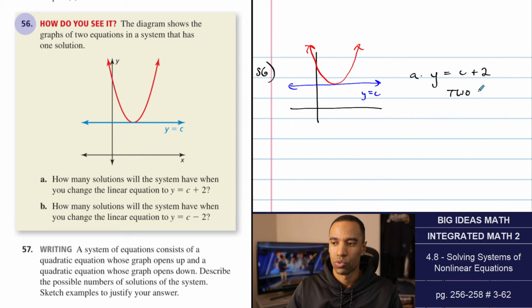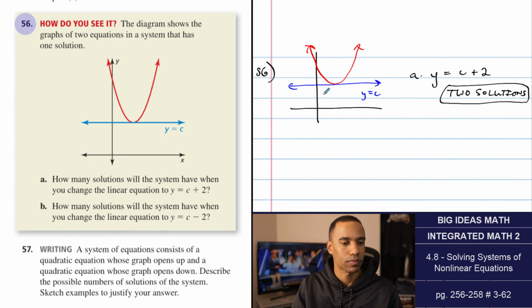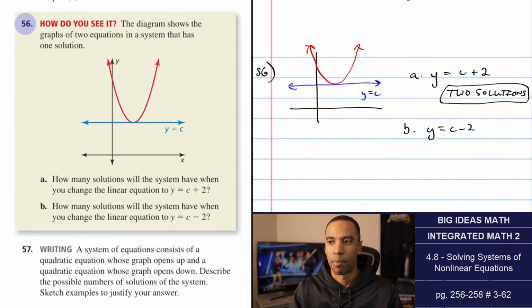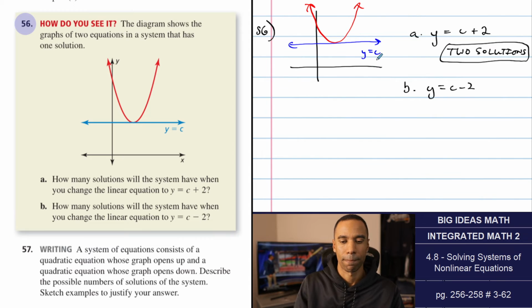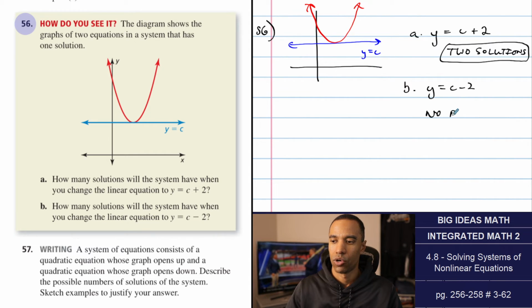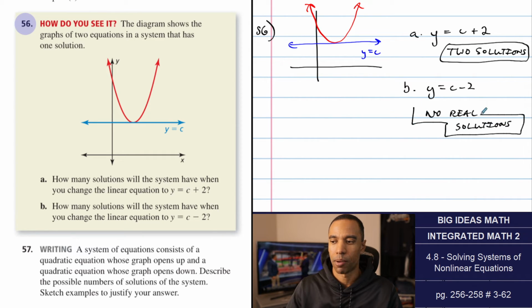It'll have 2 solutions, because it would be shifted up. Part B, y equals c minus 2. That would shift downward. Remember, this hits tangentially, so this would shift downward. C minus 2 would be like right here or whatever. 0 solutions. No real solutions. Glad they don't ask us to explain, but it's all about the shifts, upward and downward shifts.